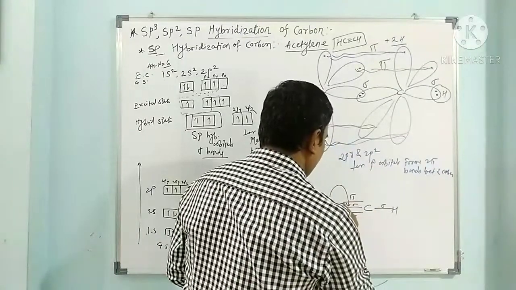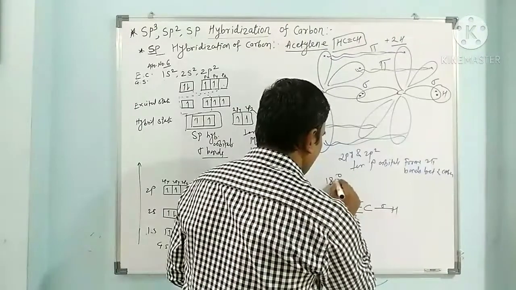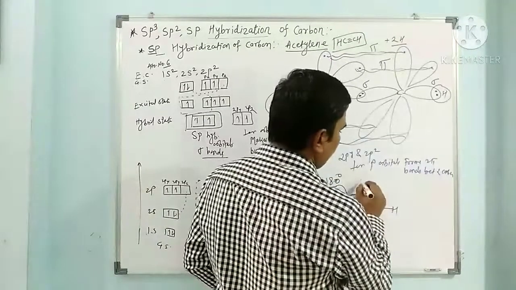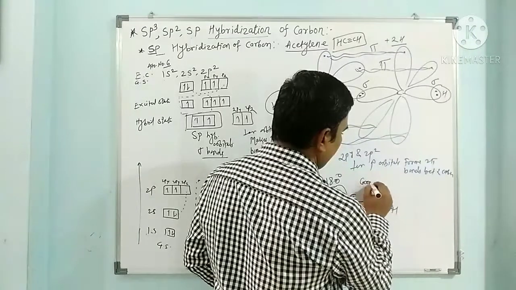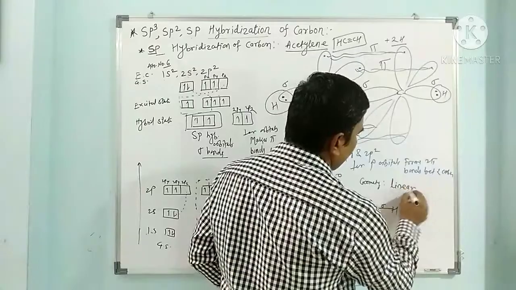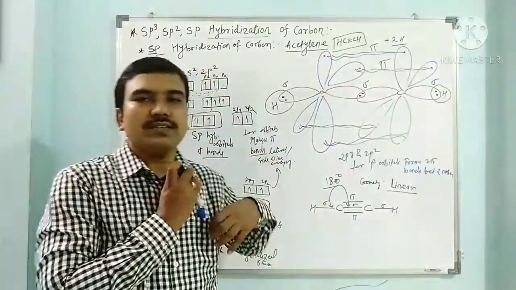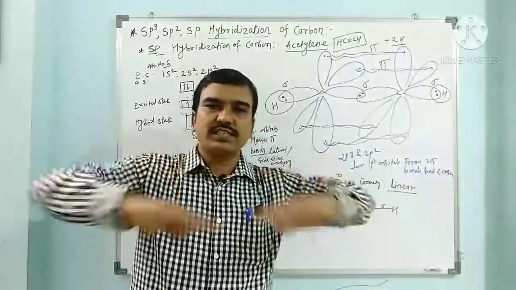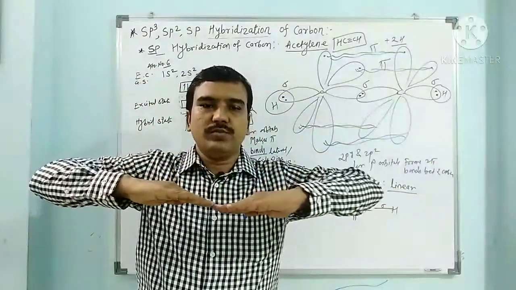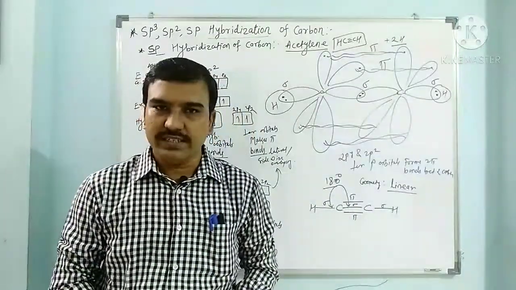So here the bond angle is 180 degree, and the geometry is linear, because only 2 bonds are there. When the 2 sigma bonds are there in the 360 degree, it is having this geometry. So geometry is linear, bond angle is 180 degree.